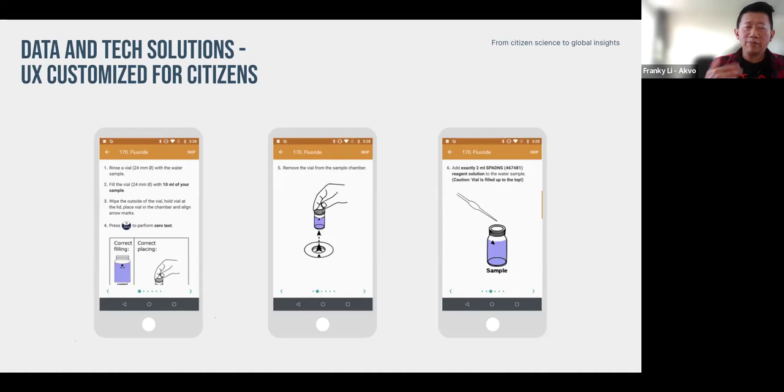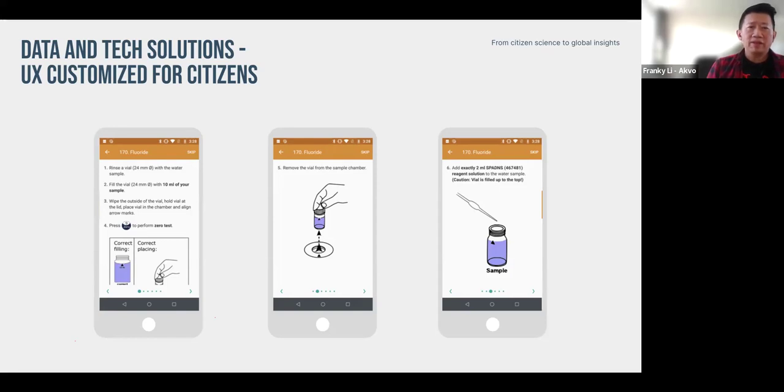You go paperless, and that helps from one perspective. But we felt that you can actually go further. And so what we've done is we've modified the UX so that each time the tester collects a water sample and tests it, they can see the instructions every time within the app.